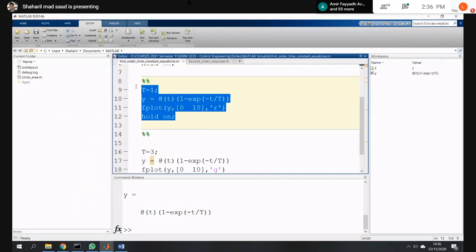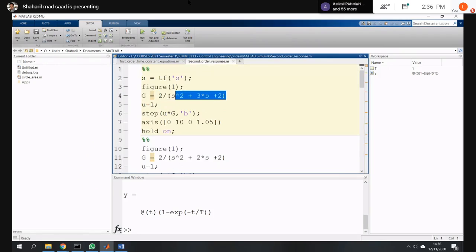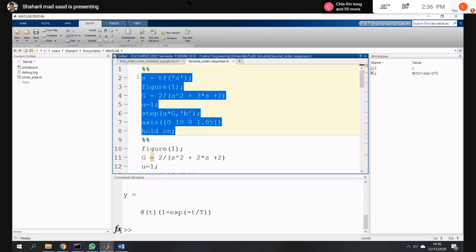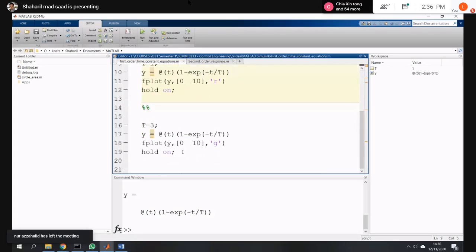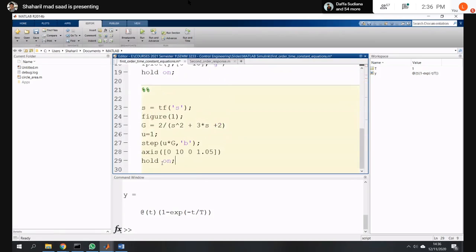There are two ways that you can do that. First, you can use the unknown t, or you can plot it using the Laplace transfer function. For example, let's show it to you. You can make it as a section here.